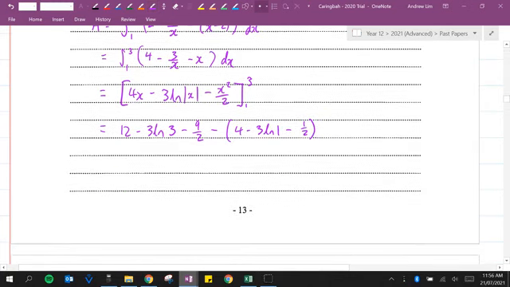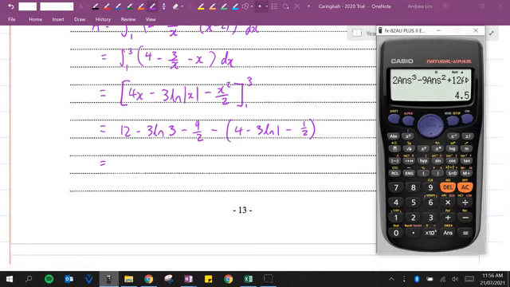Okay, let's tidy this up. So we've got 12, actually, let's do this: 12 minus 9 over 2, minus the 4 minus half, that's 3.5.